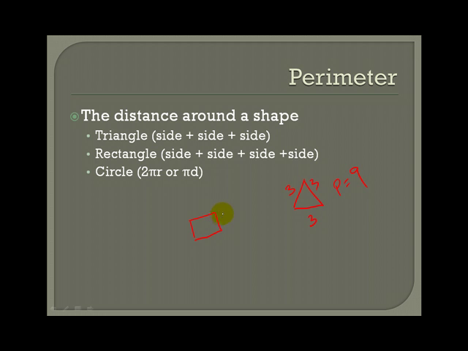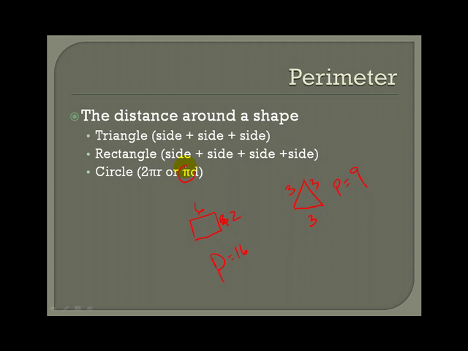This is 2, this is 6. 6 plus 2 plus 2 plus 6. 12 plus 2 is 14... so this one would have a perimeter of 16.